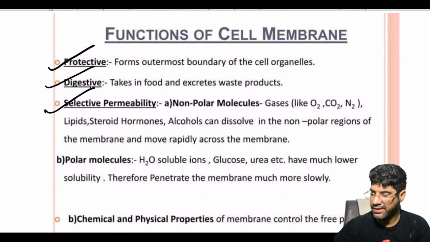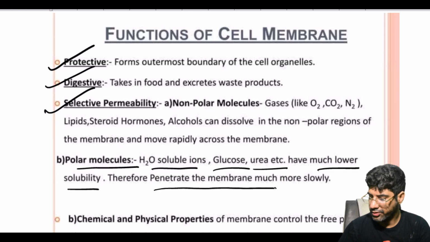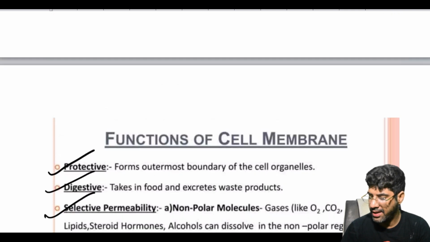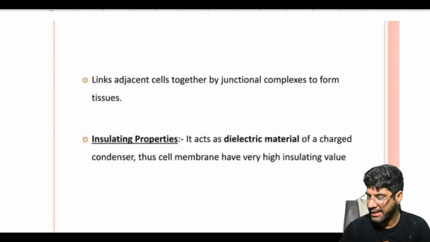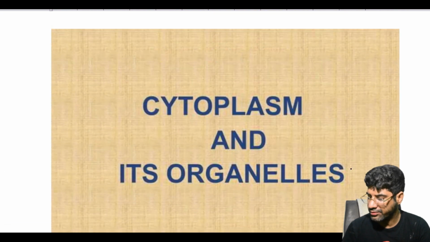So these are the functions of the cell membrane. It is protective in nature, and it shows selective permeability. Polar molecules like water, glucose, urea have much lower solubility and therefore they penetrate the membrane much more slowly.